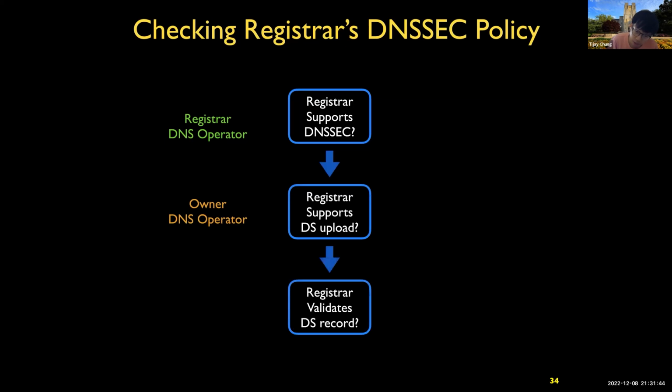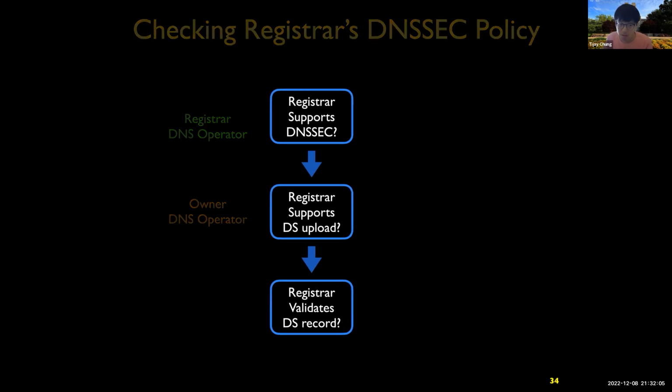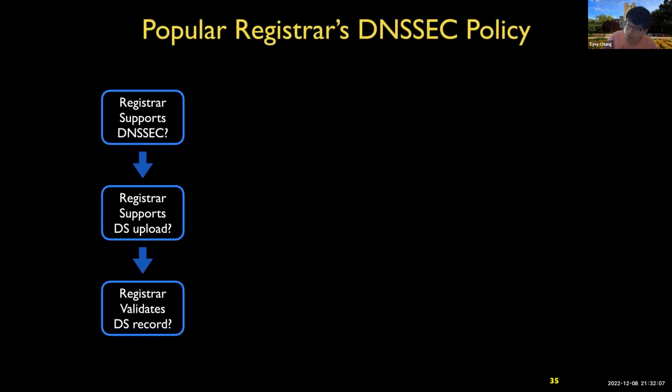After that, we check if they are uploading the DS record to the registry, and if they do so, we run our own authoritative servers and check if the registrars are willing to accept our DS record and upload it to the registry. Okay, so in this case, we became a DNS operator.